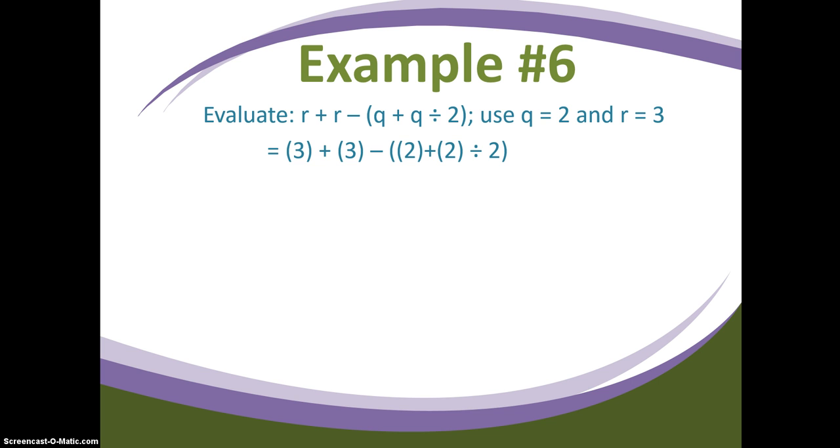The division comes before the addition, so 2 divided by 2 is 1. And then again, we're working inside the parentheses. Addition is next, so 2 plus 1 is 3. Now we work left to right because we're left with addition and subtraction. 3 plus 3 is 6. And then subtract 3 from that and you get 3.